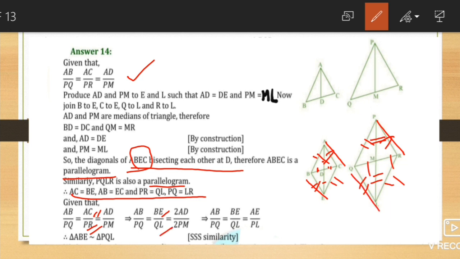Now in place of AD by PM you can write 2AD and 2PM, so that the 2 and 2 cancel each other. Now 2AD means AE and 2PM means PL, because AD is equal to DE. That means 2AD is equal to AE and 2PM is equal to PL.